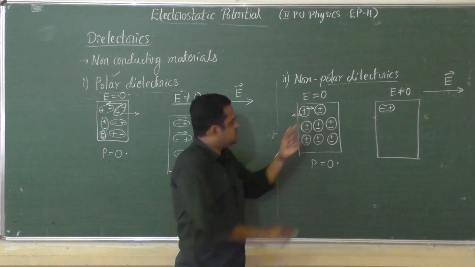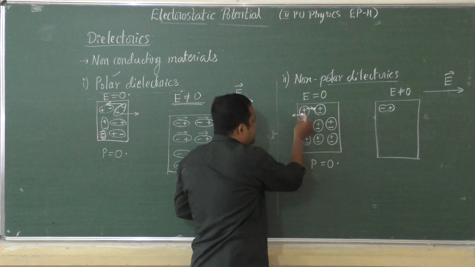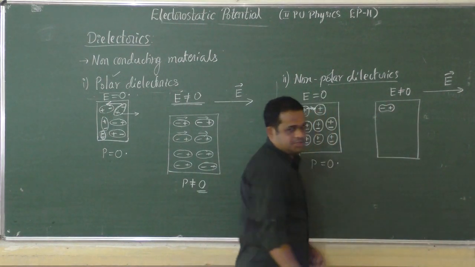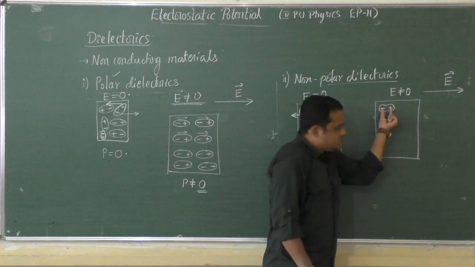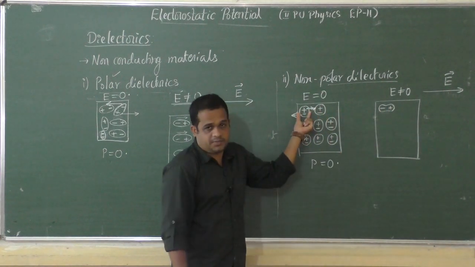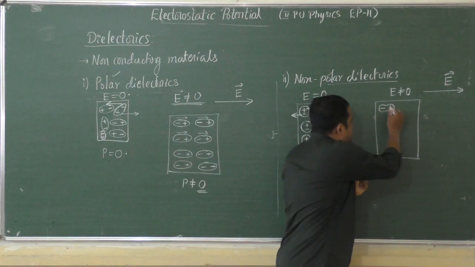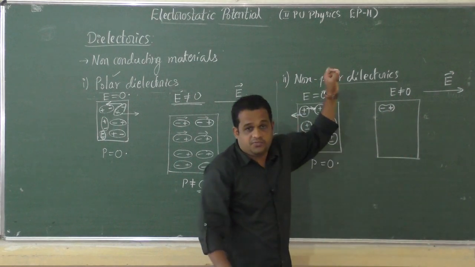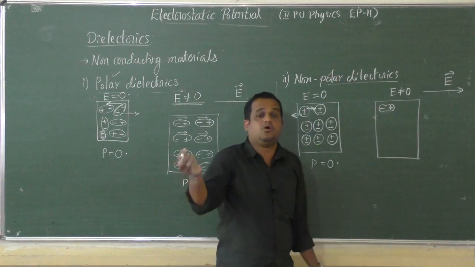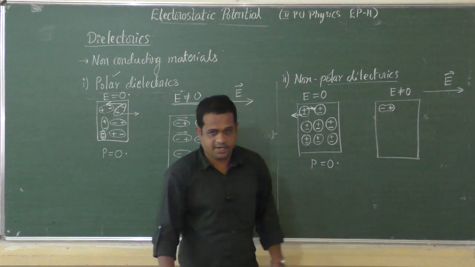Initially it is like this: positive experiences a force in this direction because of the electric field, negative experiences a force in this direction, so this will be the condition. Now a separation is created between positive and negative charges. Initially there is no separation, no dipole moment. Now in the presence of the external field, separation is created. Therefore, in case of the molecule itself, dipole moment is induced by the external field.